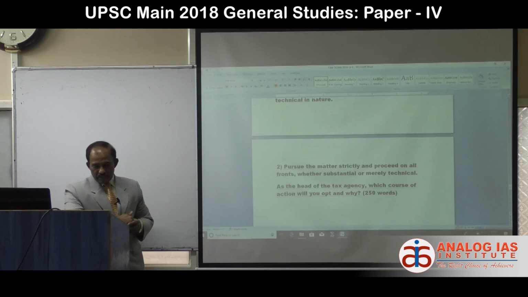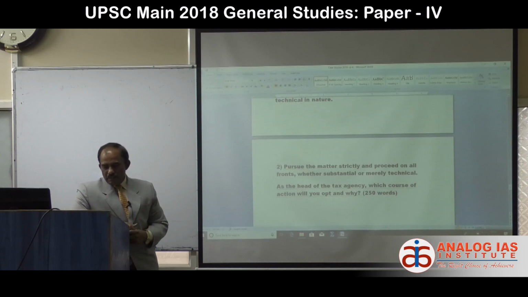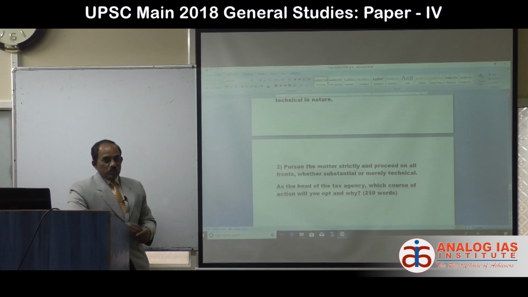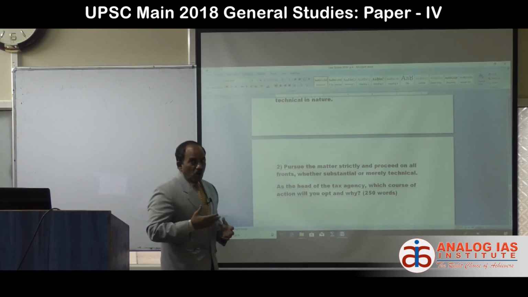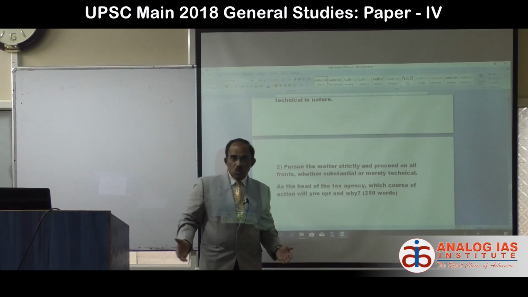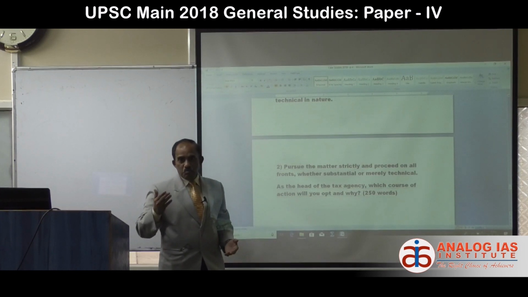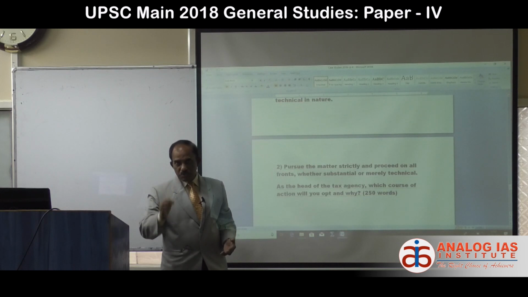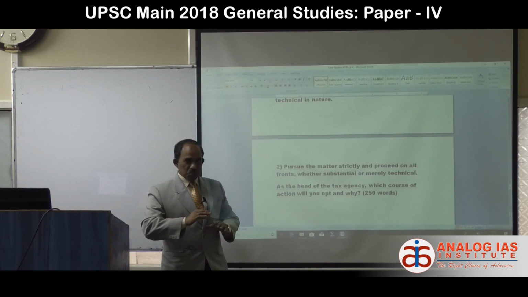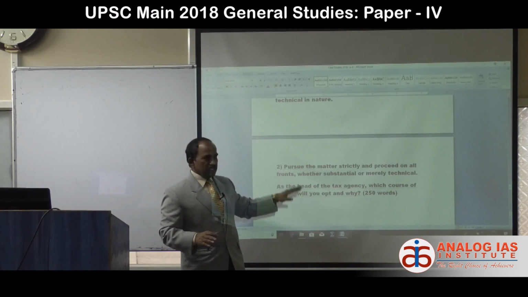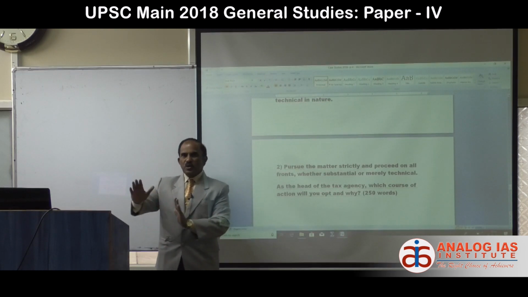How to write the case study? The case study relates to work culture. So, as a taxman, how are you going to execute your work? You strictly implement the law and order, that means the rules, procedures, and the stipulations, and see that everything is strictly followed?